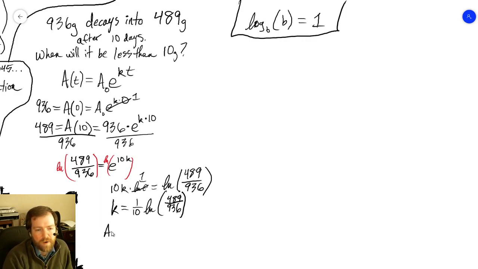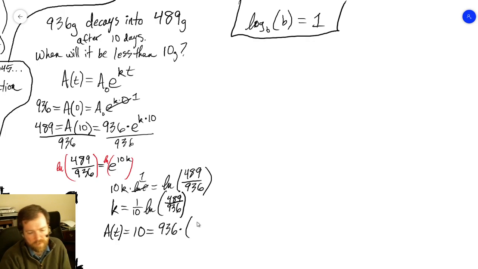So then our a at t, we want to know when is it going to reach 10 grams. This is 936 times e to the k, again, just plug that whole mess in, times t. And again, we don't know what t is. Divide over your 936. So this is 10 over 936 equals e to the kt.